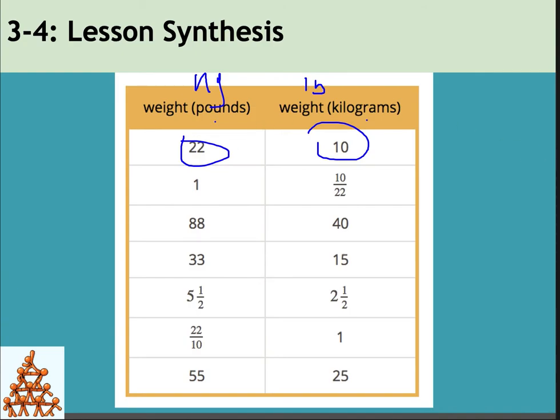Like that cat or that dog or that pencil weighs the same, even if your number changes because of your unit. And what that means is you are making equivalent ratios.